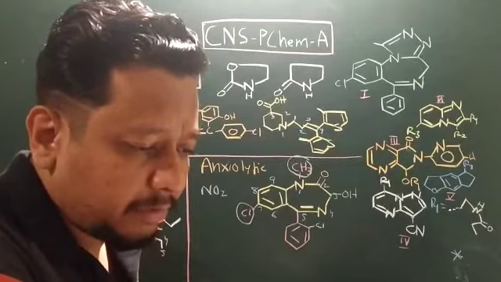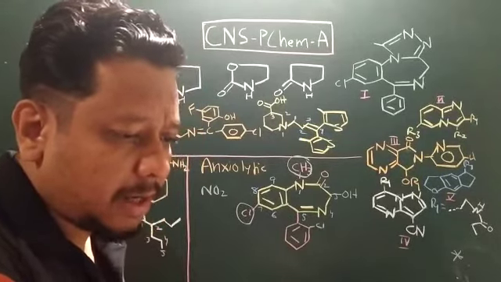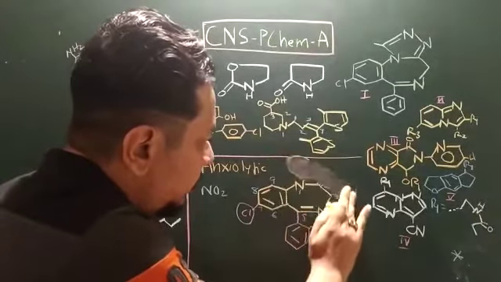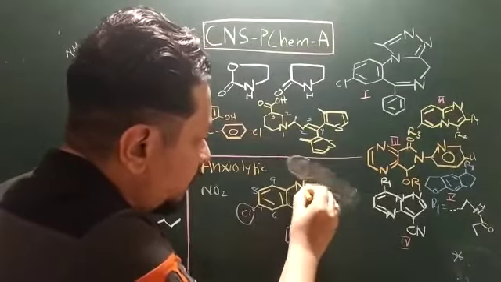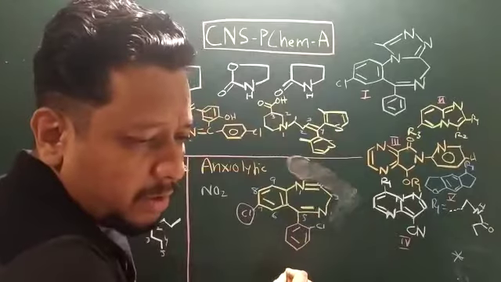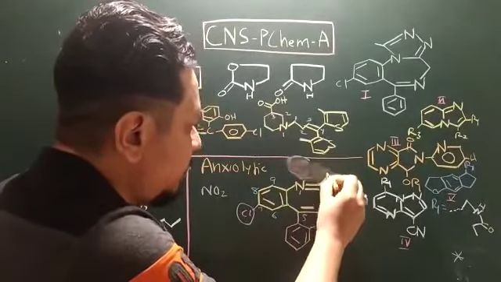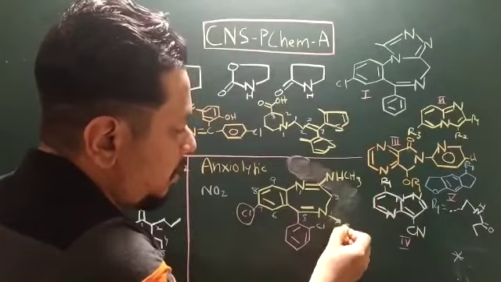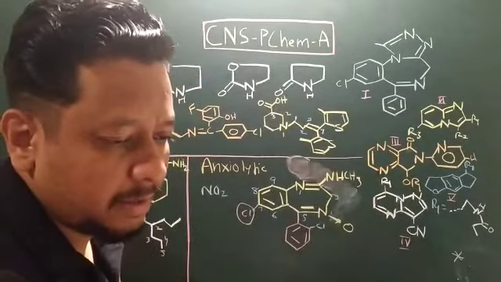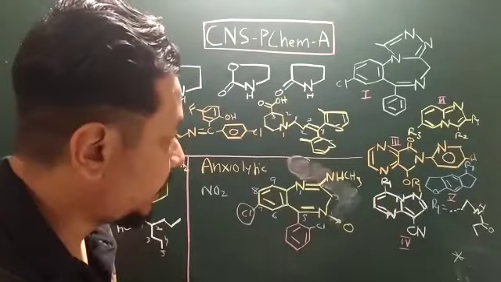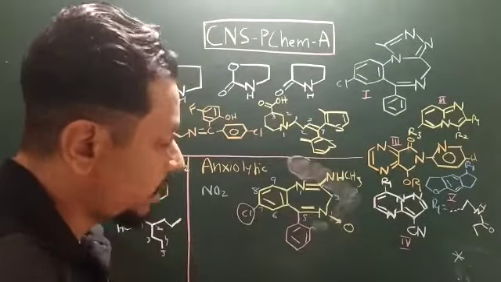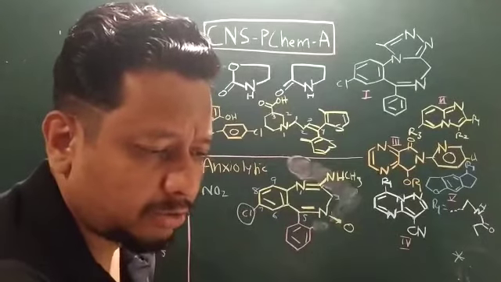Now with the help of this SAR, there is another important drug, with this structure, NHCH3, and 1-oxide. This is known as chlordiazepoxide. What is the use of chlordiazepoxide?